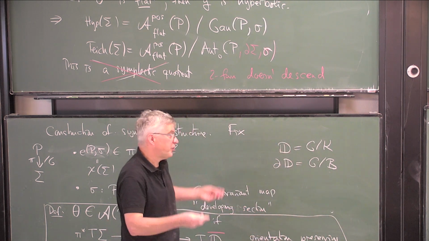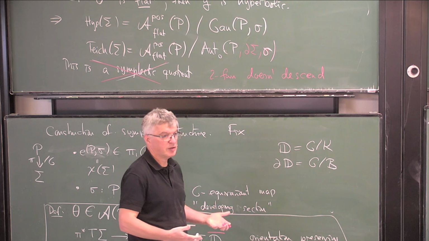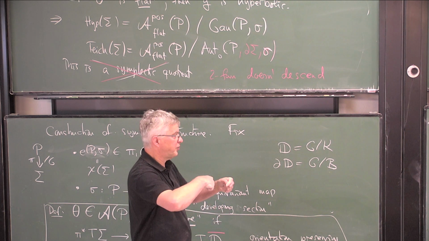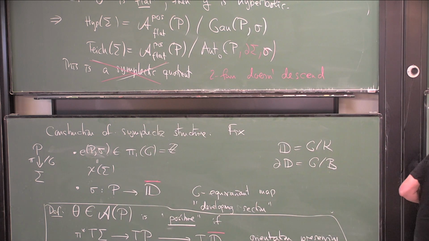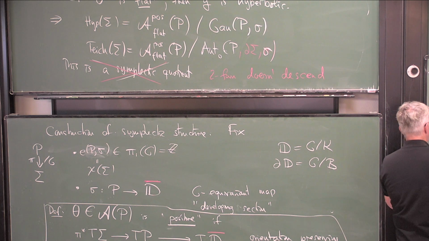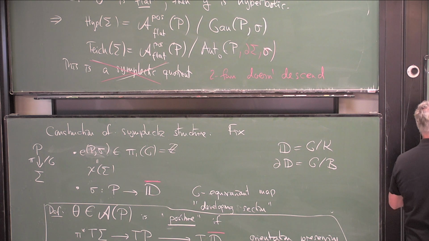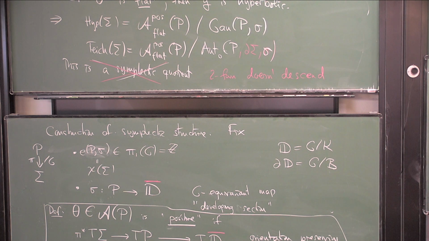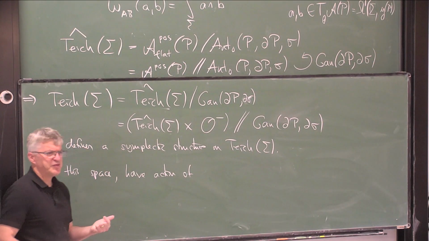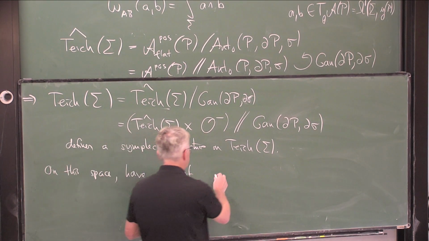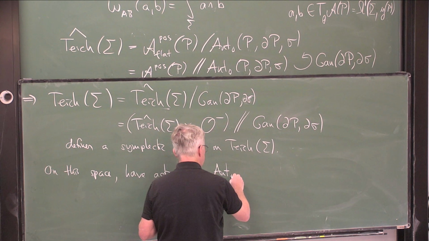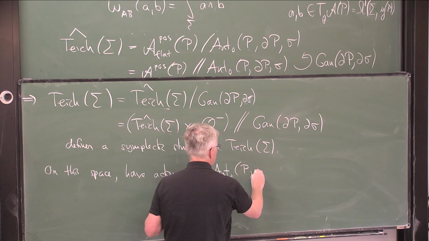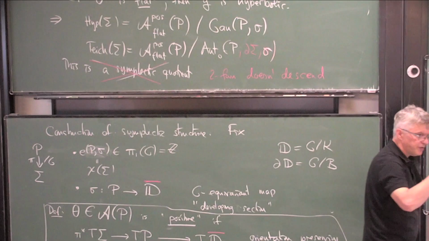Right, and then the last step is, of course, working out the moment map, which one then has for the isomorphisms of the boundary. So on this space, we have an action of isomorphisms of the boundary. What happens exactly? We are looking at orientation preserving automorphisms of P, the P that we have on the surface.